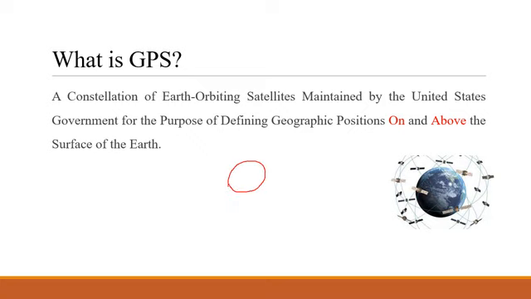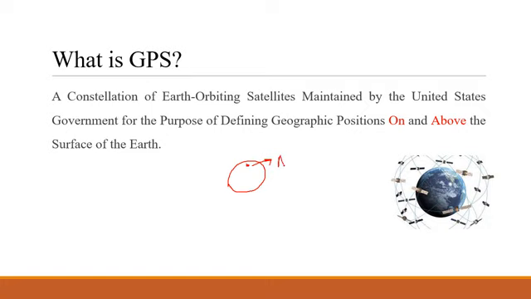For example, this is the Earth, which is used for geographic position on or above the Earth's surface. If you want to see where some body or object is located on the Earth's surface, for example, this is object A and it can be seen.